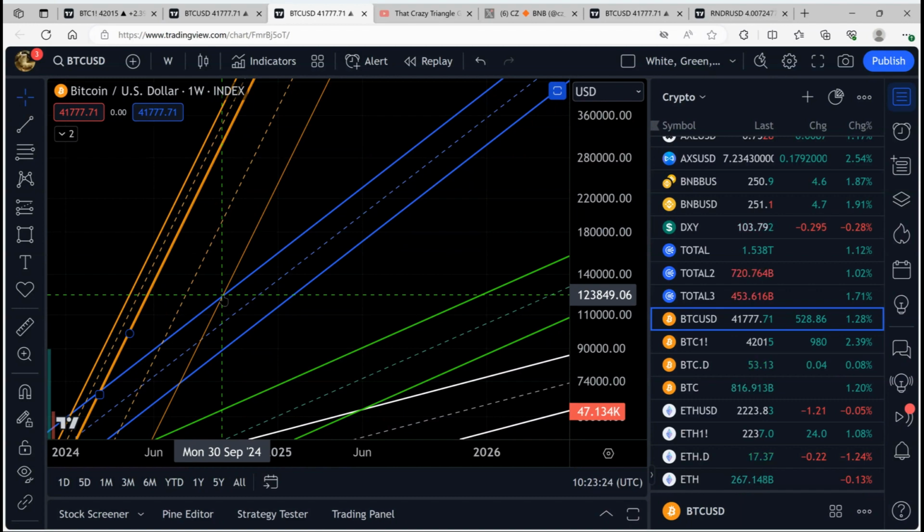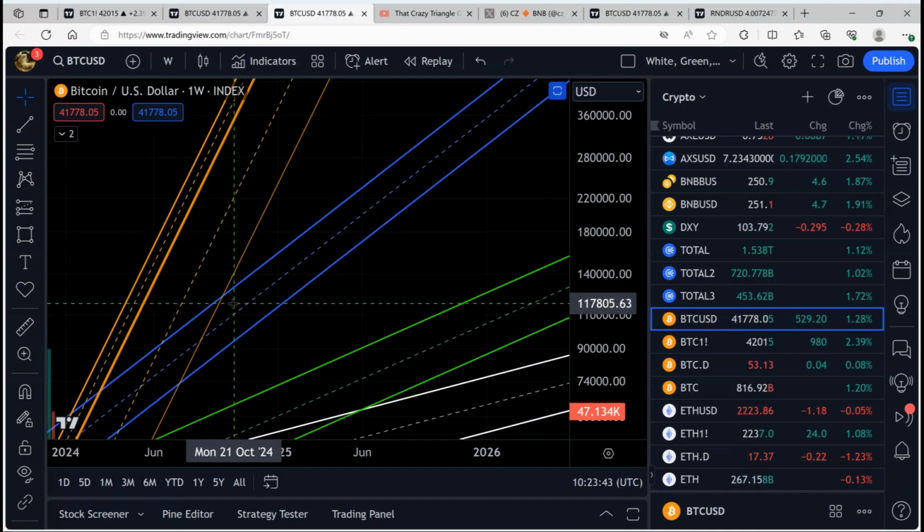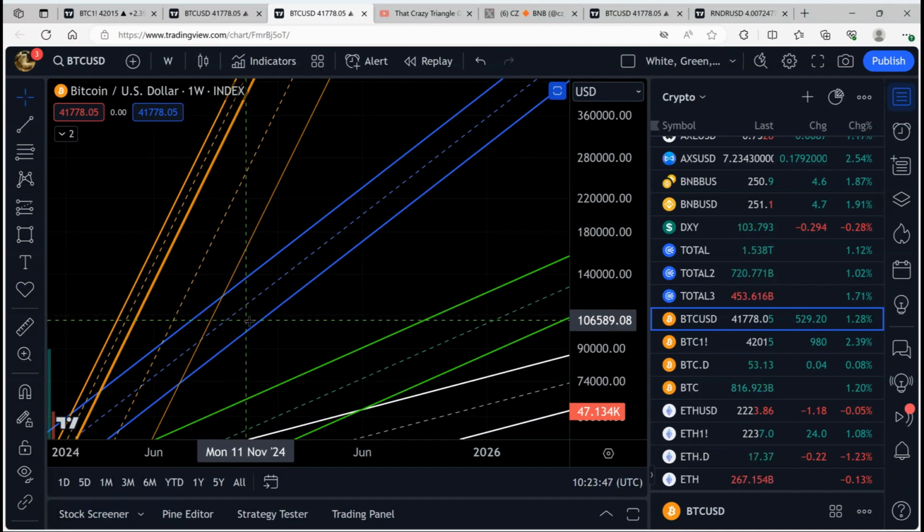Now, could we see that? That would be very early October. And then do we see a pullback? We hit a high here in October.